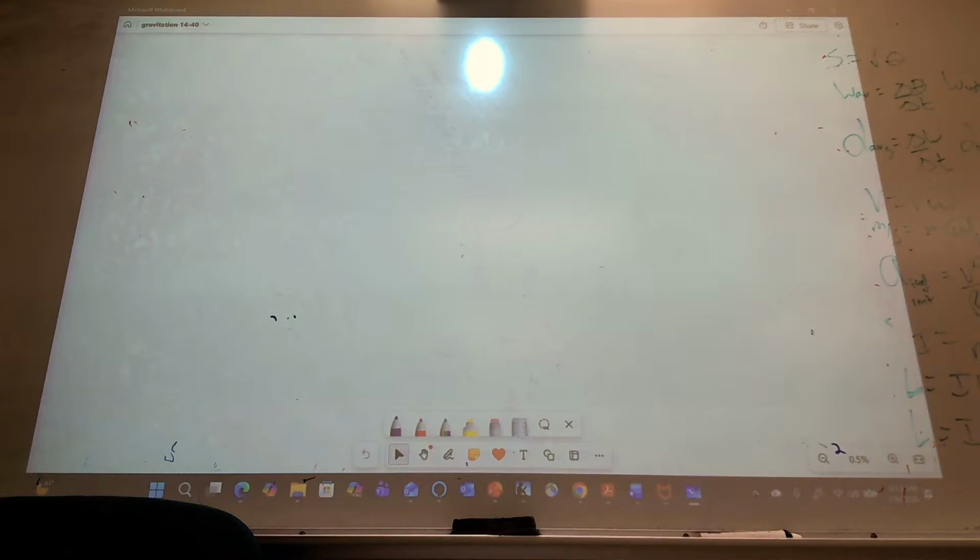So what is his or her apparent weight? Okay, the reason it changes is that g changes, right?